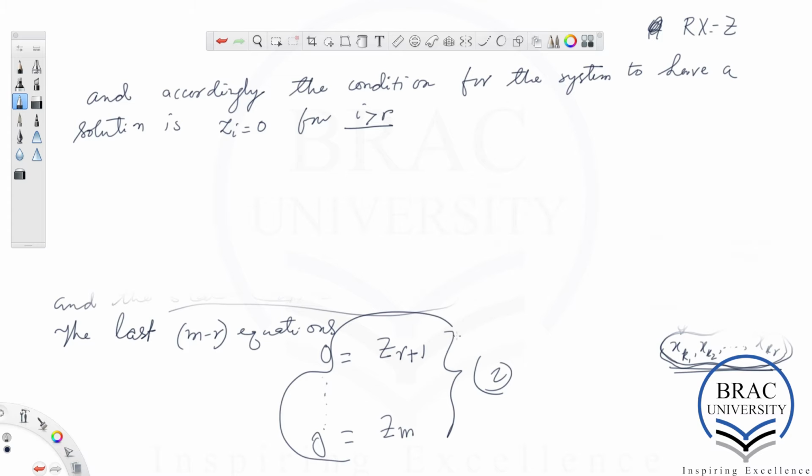Okay, this needs to be satisfied, and this system is only satisfied if Zi is equal to 0 for all i greater than r.